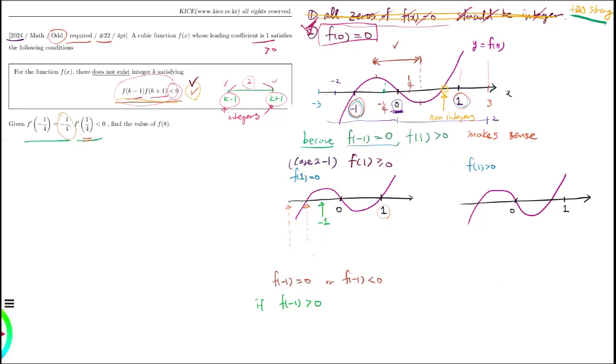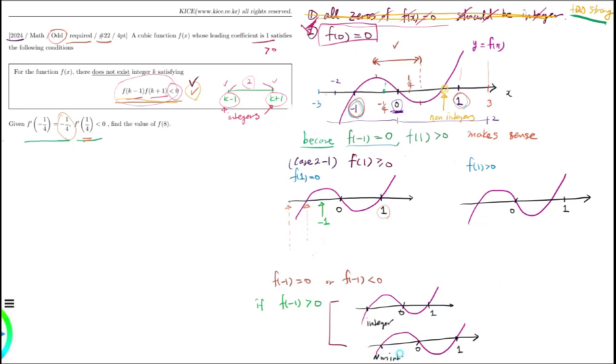we have two cases. The first case is where we have the smallest zero here as an integer. The second case is where we have the smallest zero as a non-integer value here.